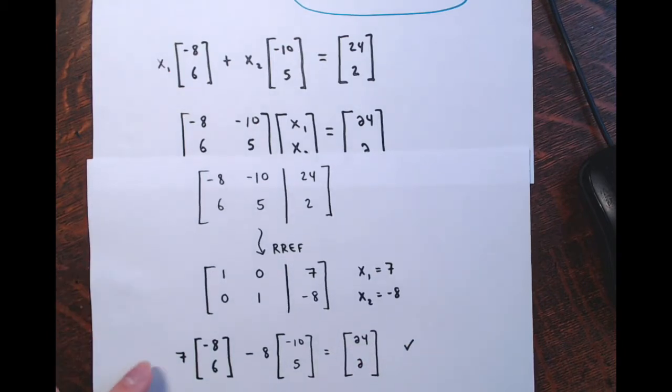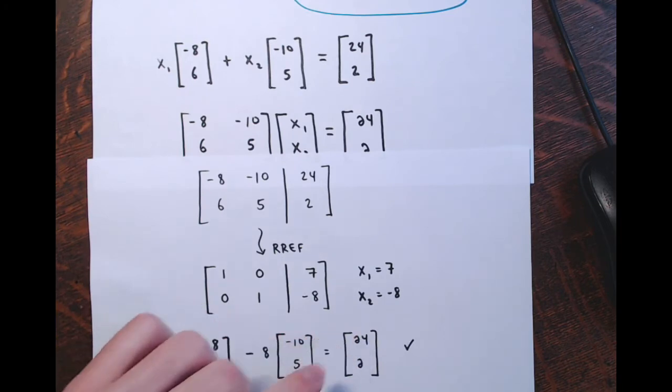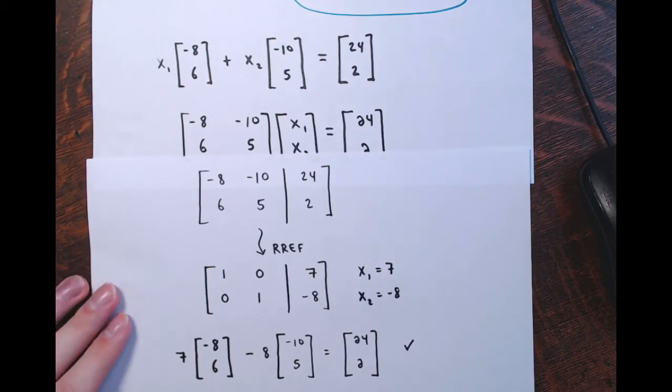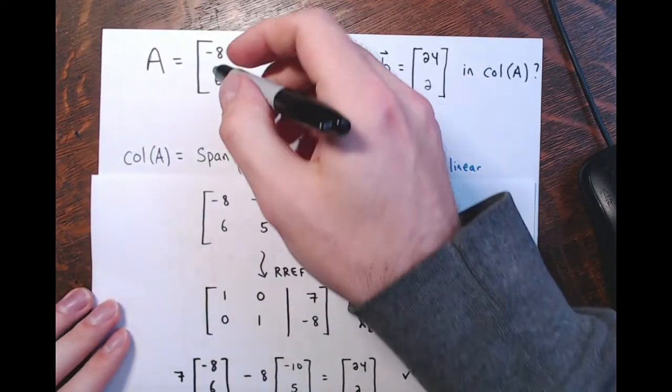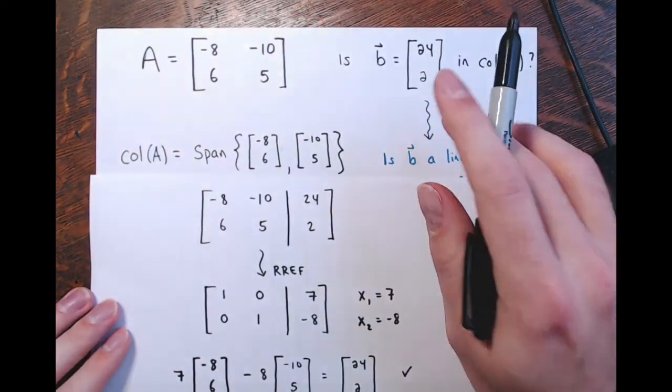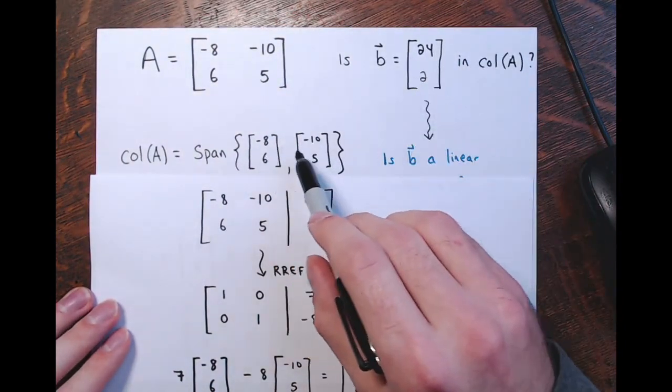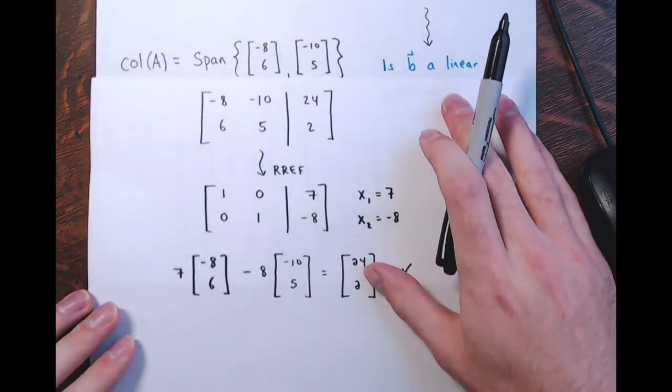You got -56 plus 80 would be 24, and 42 minus 40 would be 2. It works perfectly. So that means that this vector 24, 2 is a linear combination of these column vectors of matrix A. So that means that 24, 2 is in the column space of A.